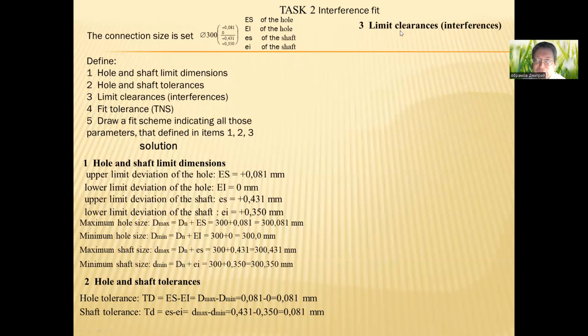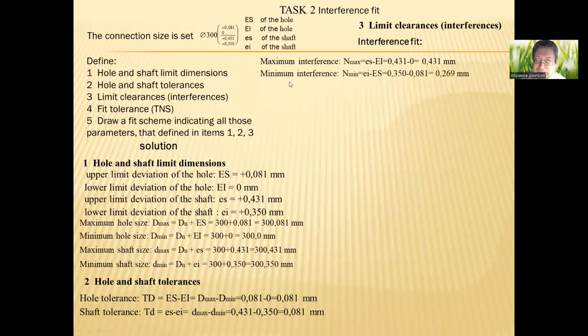Item 3, limit clearances or interferences. We have an interference fit, so we must find the maximum and minimum interference. So maximum interference, n maximum, is equal to the upper limit deviation of the shaft minus the lower limit deviation of the hole. It's equal to 0.431 minus 0, we have 0.431 millimeters.